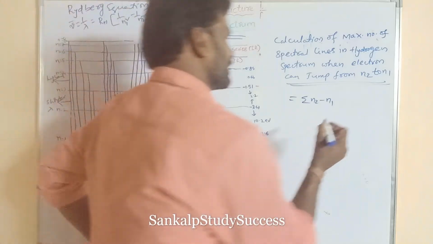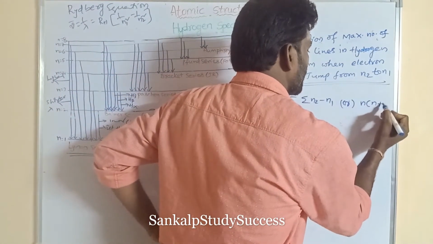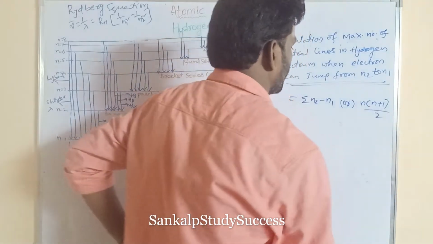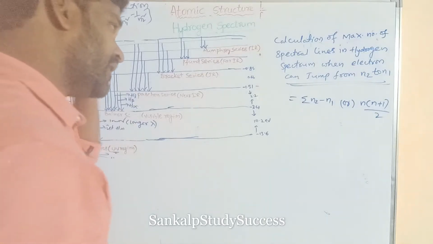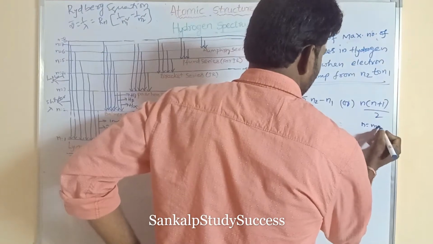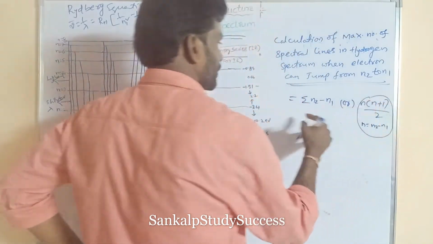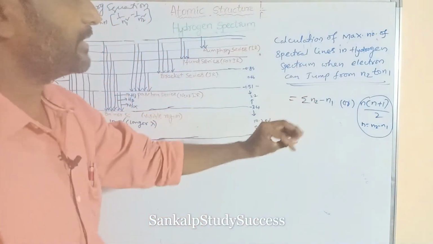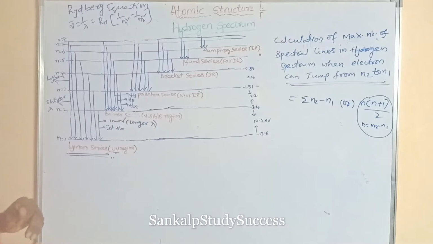Another formula is also there: n(n+1)/2, where n is equal to n2 minus n1. So these two formulas can be used to calculate the number of spectral lines.